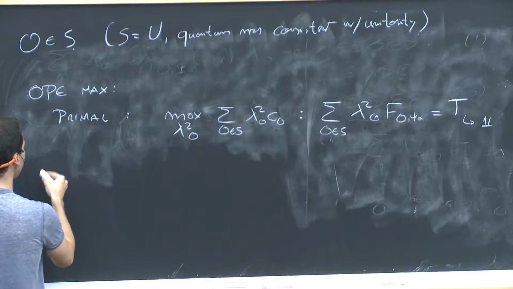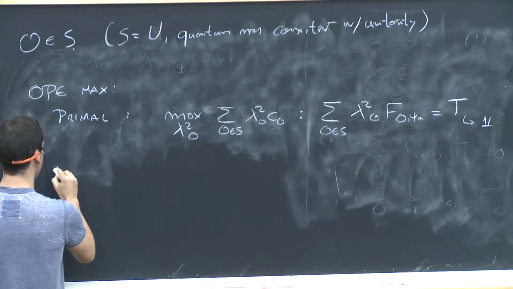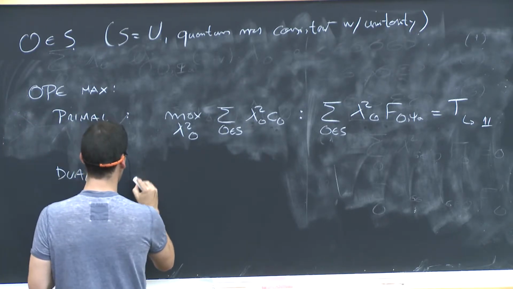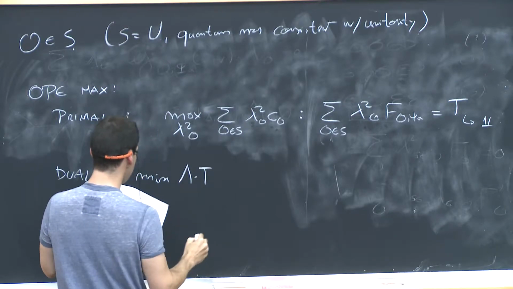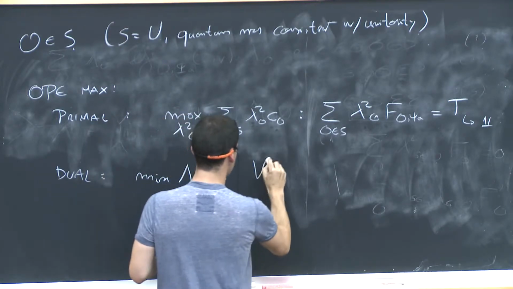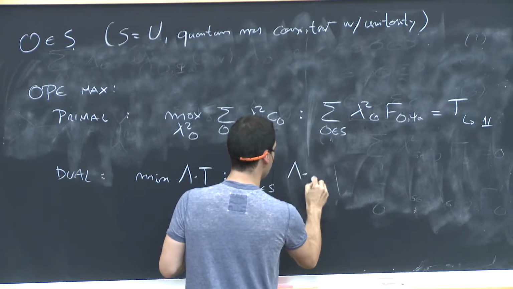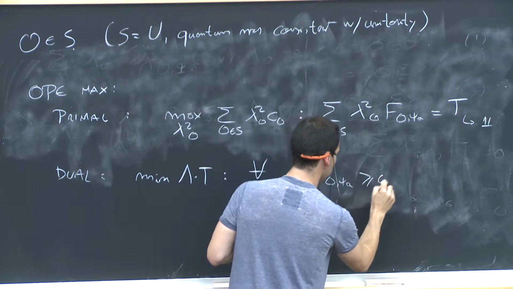But if you want to understand it in terms of the functionals that I was talking about, then it turns out that this problem is completely equivalent to this. So minimize lambda dot t such that for all operators in S, lambda dot f is positive.